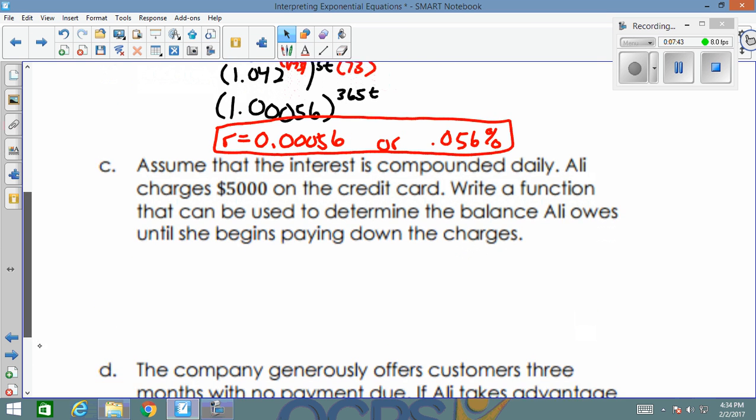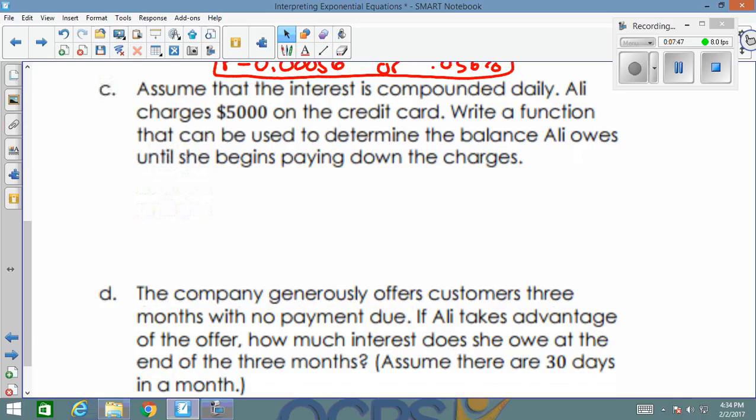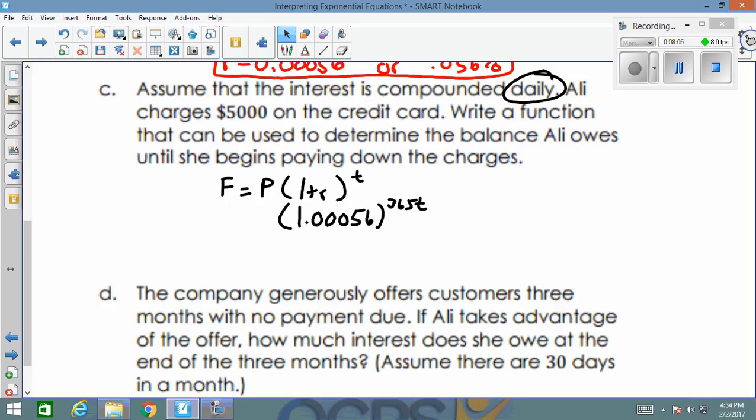Okay. Assume that the interest is compounded daily. A customer charges $5,000 on the credit card. Write a function. Alright, so we got F equals P times 1 plus R to the T. It's compounded daily here, so we know this daily is 1.00056 to the 365t. That's from the problem above.